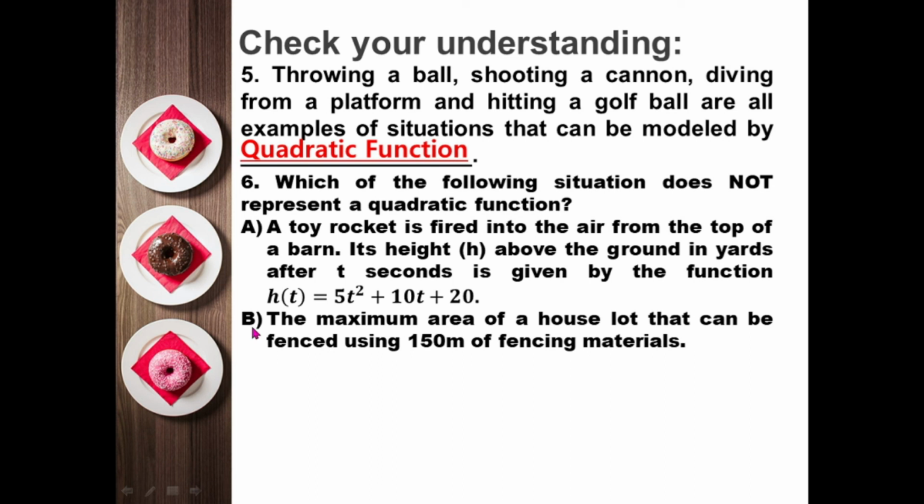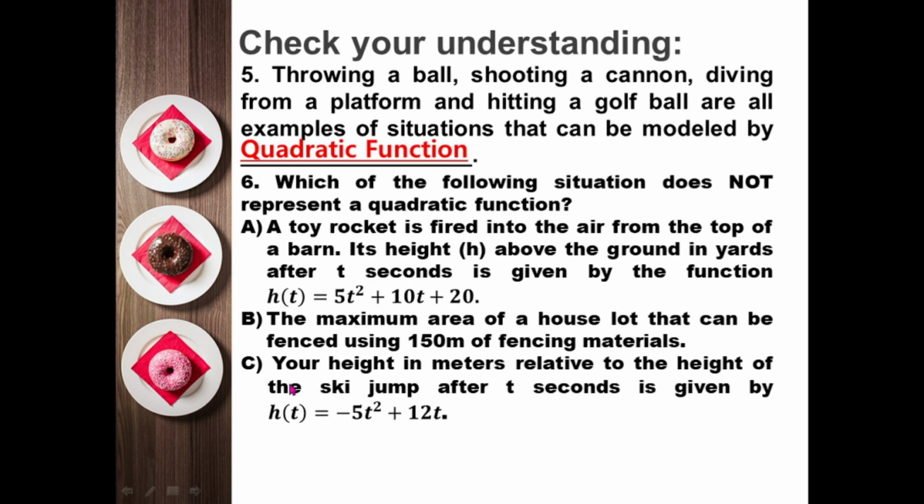Letter B, the maximum area of a house lot that can be fenced using 150 meters of fencing materials. Letter C, your height in meters relative to the height of the ski jump after t seconds is given by h of t is equal to negative 5t squared plus 12t.